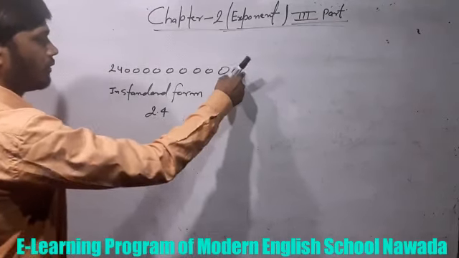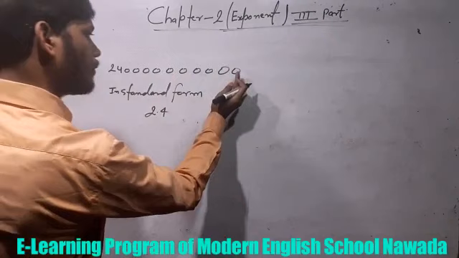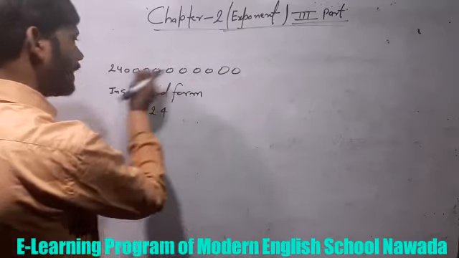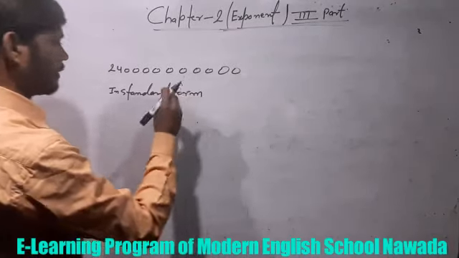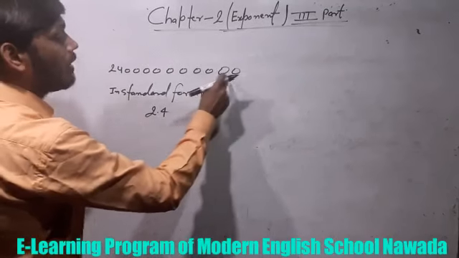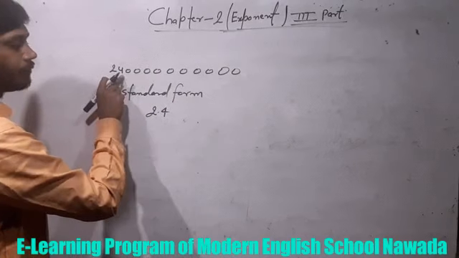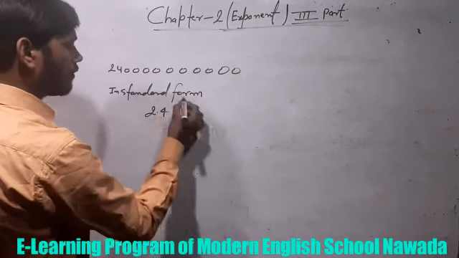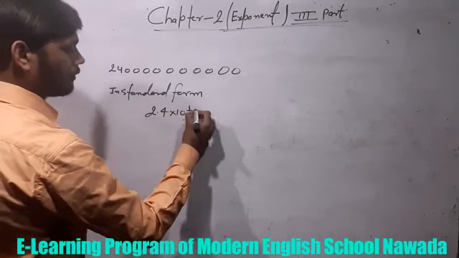The point comes from here to after the 4, that means from right to left. When the point comes from right to left, the power is positive, and the power is the number of places it moves: 1, 2, 3, 4, 5, 6, 7, 8, 9, 10, 11. In this question, it is written in standard form as 2.4 into 10 to the power 11.